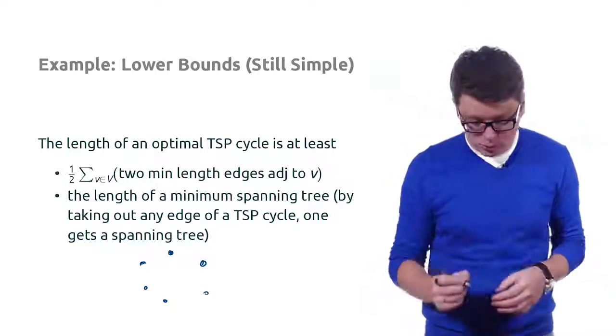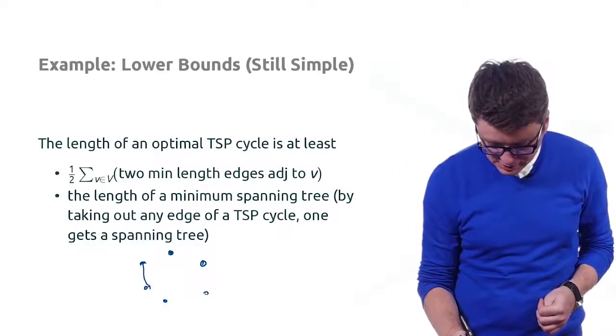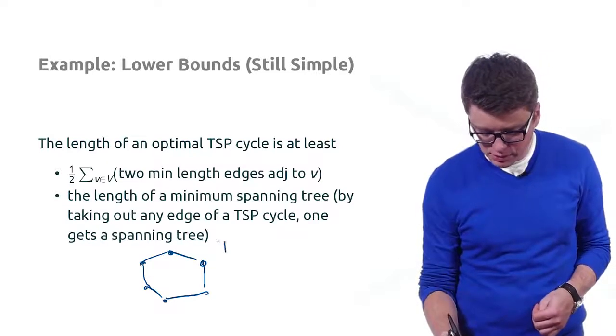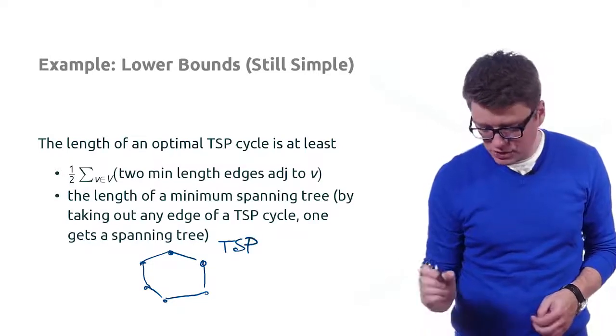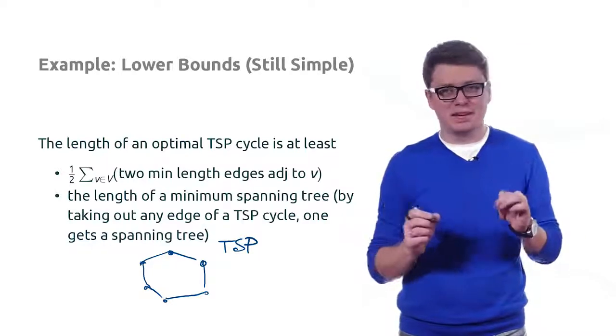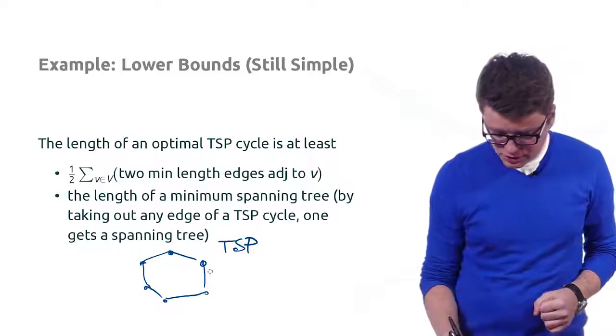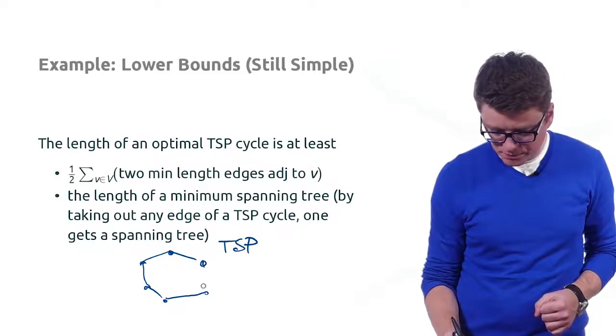Why is that? Well, again, let's consider an optimal traveling salesman cycle. Let me just denote its weight by TSP. Now let me do the following. Let me just remove some edge.